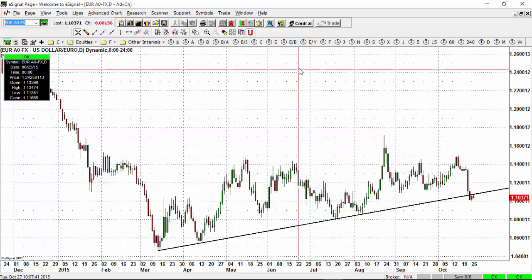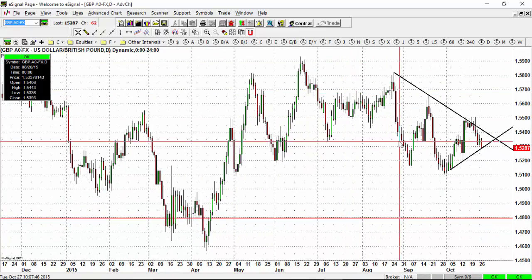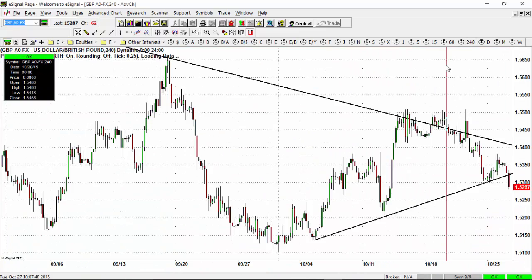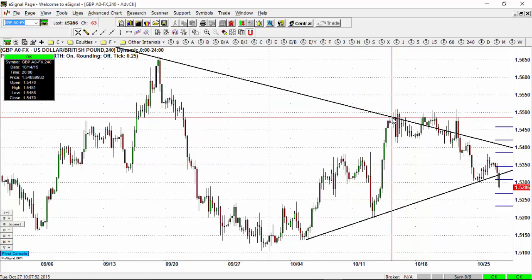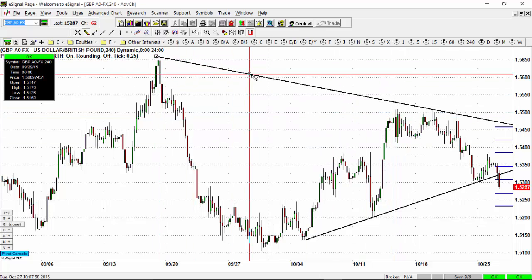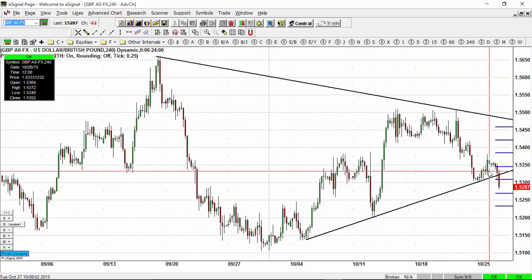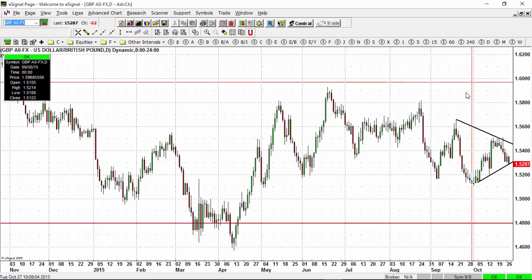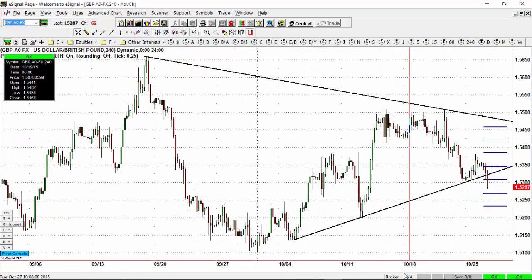Taking a look at the British pound versus the US dollar, we see that there's a minor triangle here on the 4-hour, and this triangle is being broken as we speak.